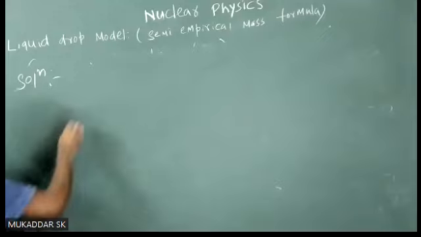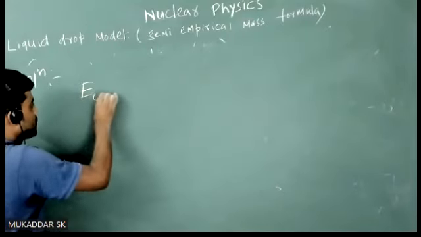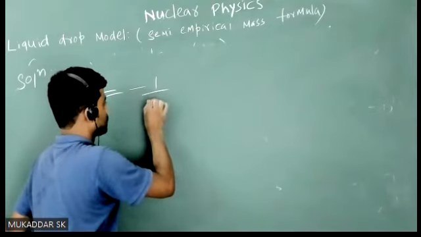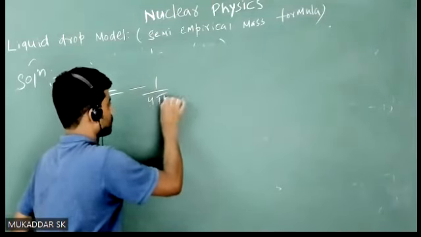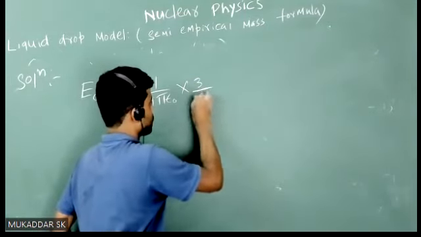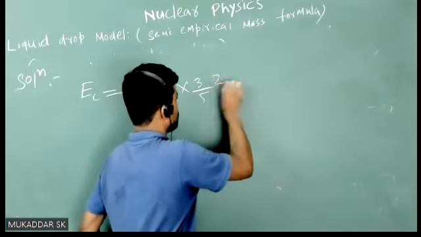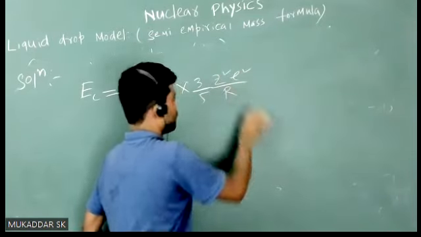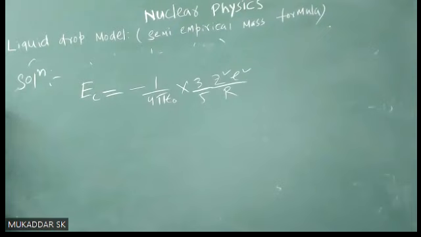Now, you see that Coulomb energy term, EC, was how much? Minus 1 by 4 pi epsilon naught, then you have 3 by 5 Z square E square by R. Is it clear?